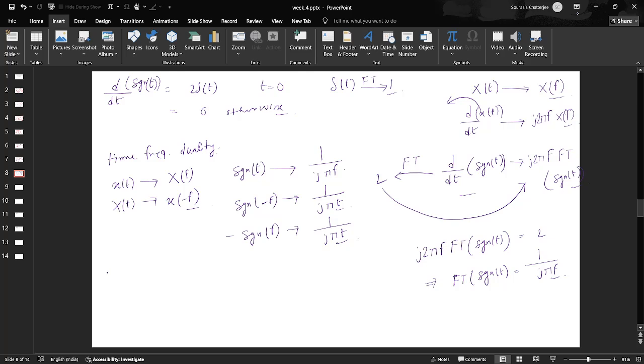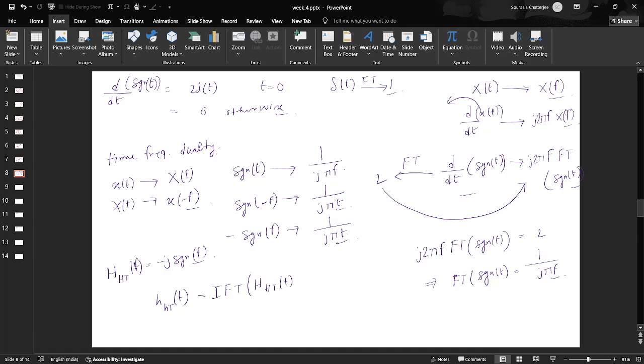Now remember the Hilbert transform, what we have seen. The Fourier transform of the Hilbert transform is given as minus j sine f. So I can get the time domain impulse response of the Hilbert transformer as the inverse Fourier transform of that.